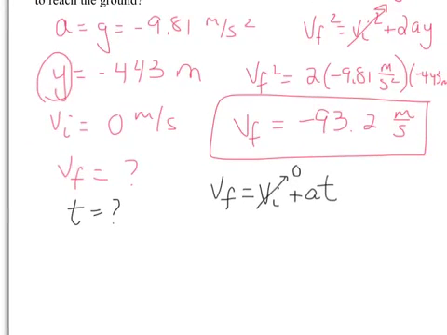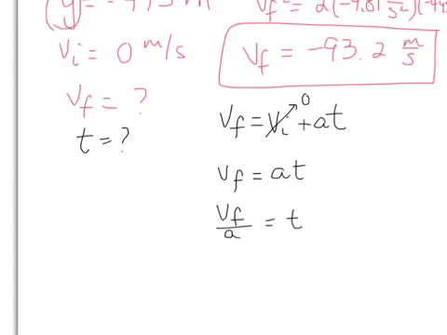So let's go ahead and solve for time. We have VF equals AT, so VF over A is equal to the time. Let's plug in now. The final velocity was negative 93.2 meters per second over the acceleration of negative 9.81 meters per second squared.